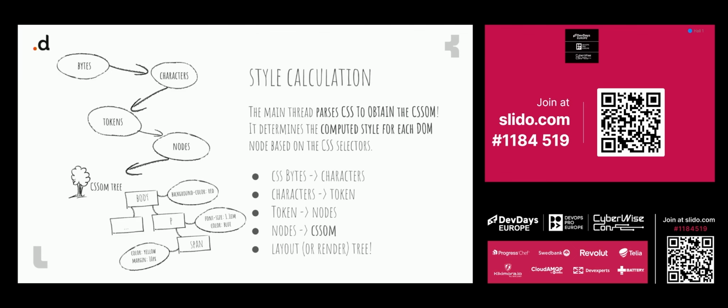The second one: after creating the DOM, the browser builds another tree-like data structure called the CSSOM, and it represents all CSS rules declared in our document, including selectors, style declarations, or specificity. It uses similar techniques as the previous step.